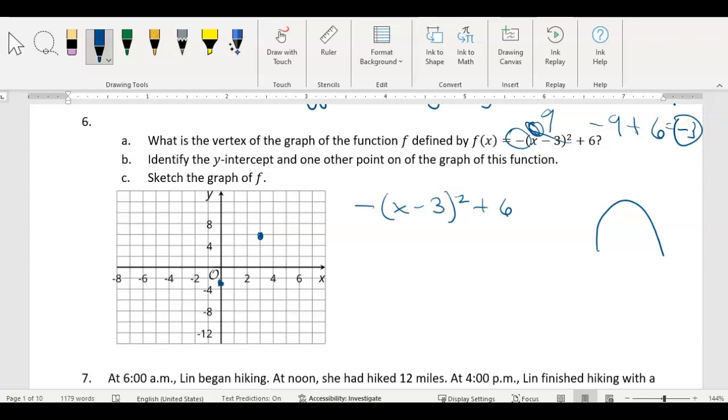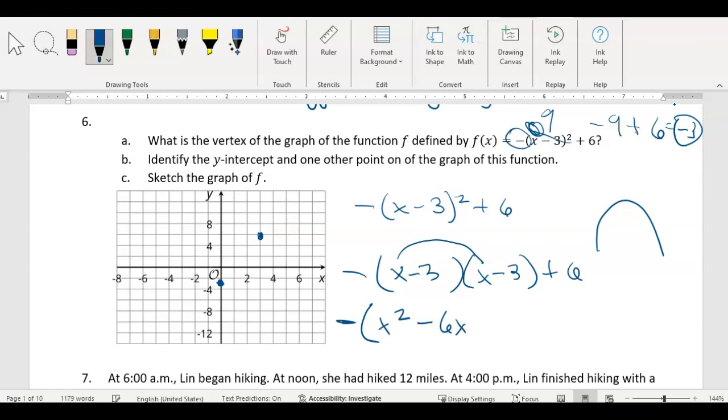Now we can check that answer by also putting this in standard form. If I do negative (x minus 3)(x minus 3) plus 6, it's important that you first use your parentheses. So we're going to keep our negative out here. x squared minus 3x minus 3x plus 9, plus 6.